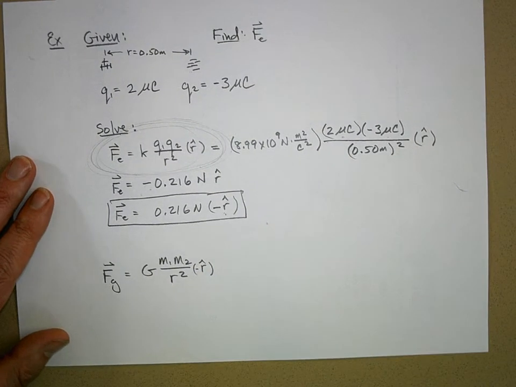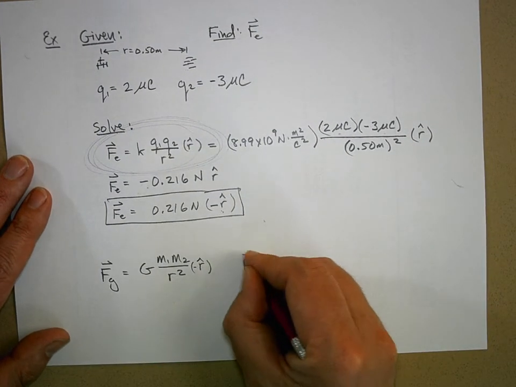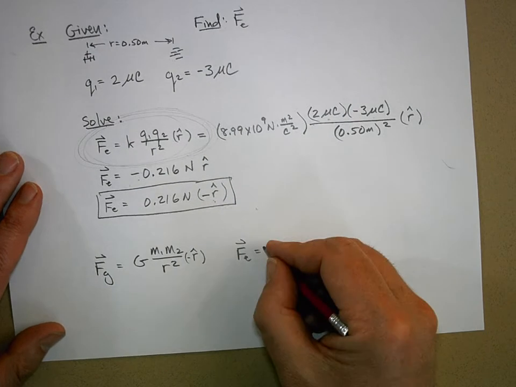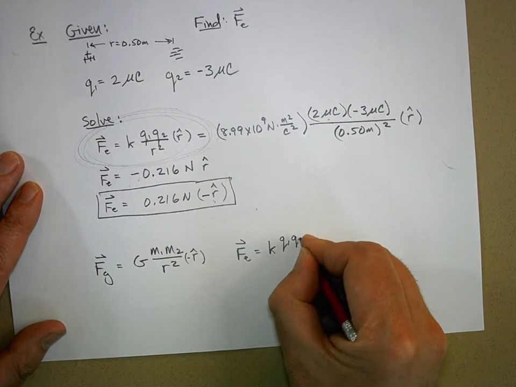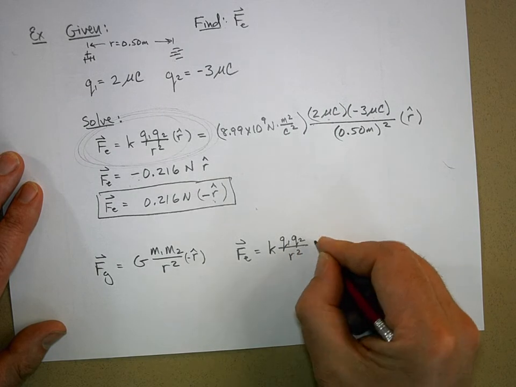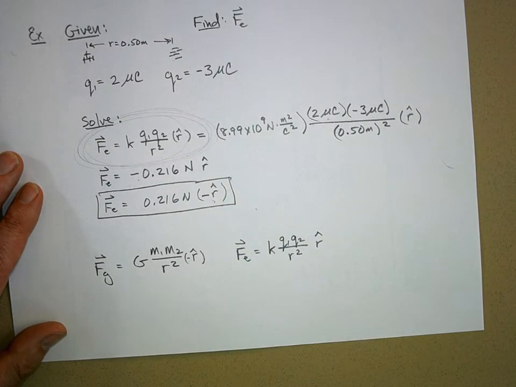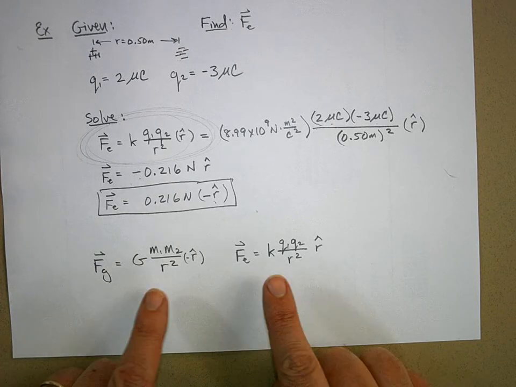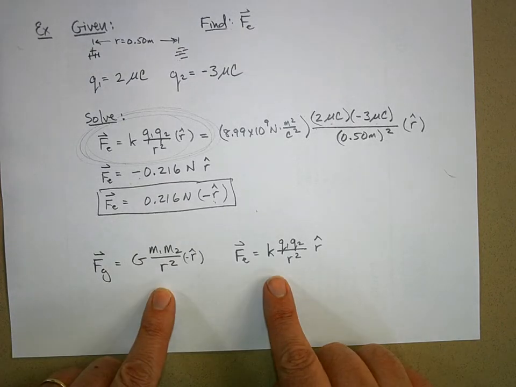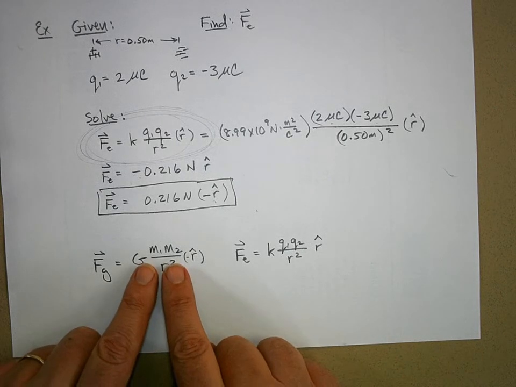The electric force is equal to K times Q1, Q2 over r squared in the r hat direction. Now, do you see that these two equations look very similar to each other, don't they? This gravity is an attractive force.